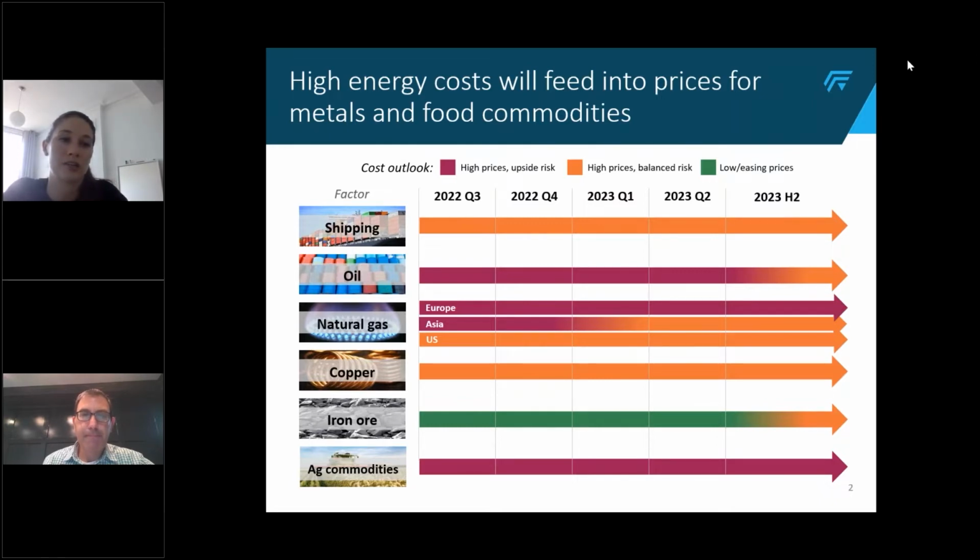And whenever you're in a tight market, it doesn't take a lot of supply disruption or surprise increases in demand to really push prices up again. My view is that the market has understood a lot of the downside risks around recession, and potentially it's time for it to revisit some of the upside risks, if that makes sense.